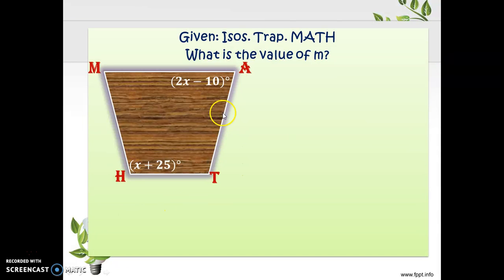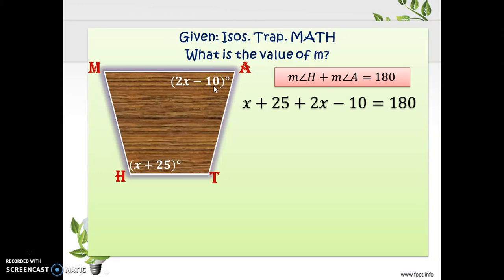How about this one? Let's say isosceles trapezoid MATH. We find the value of x. They are opposite angles, so therefore their sum is 180 degrees. So we can have 2x plus 25, the measure of angle H, plus the measure of angle A, which is x minus 10, equals 180.